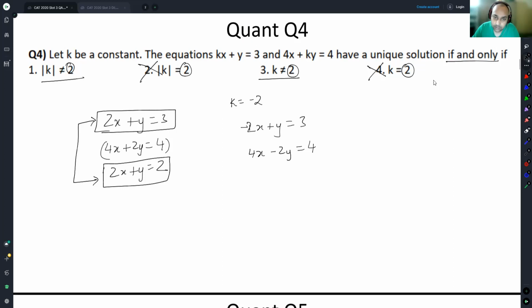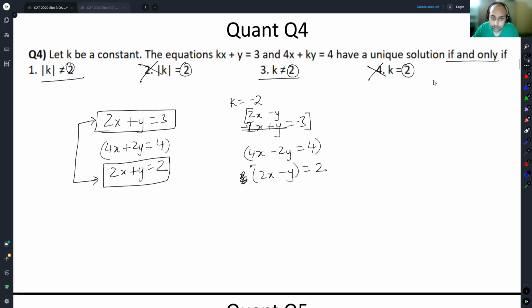I can rearrange this to get 2x minus y is equal to minus 3. Again, for this expression, if I take out 2 common, I get 2x minus y is equal to 2. Again, the same problem occurs.